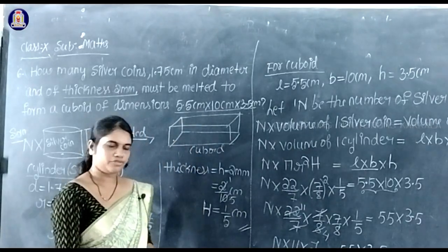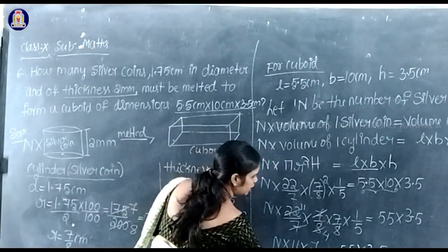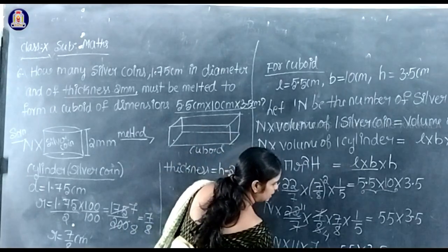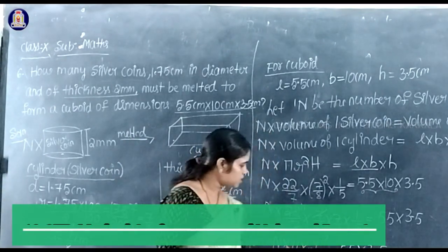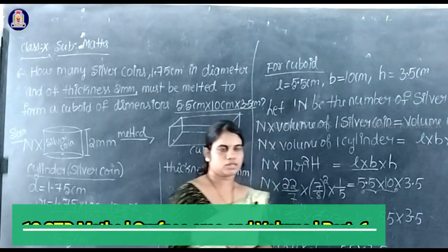Now this is your denominator term. Shall I multiply this denominator term with 55 into 3.5? This denominator term will multiply with this term, isn't it?